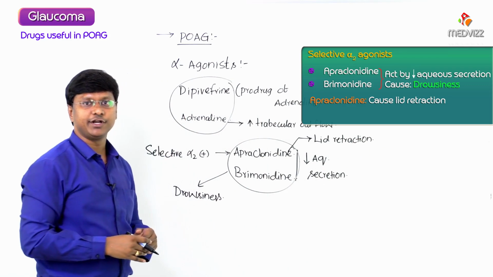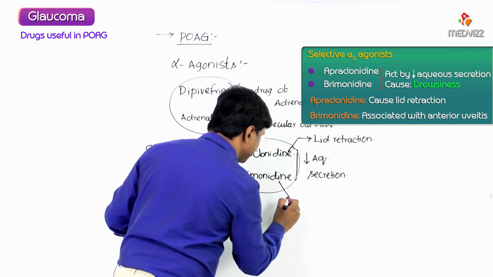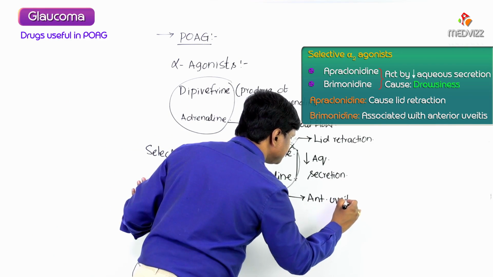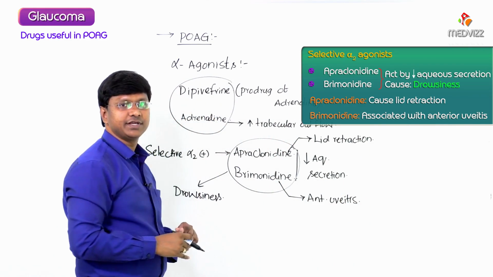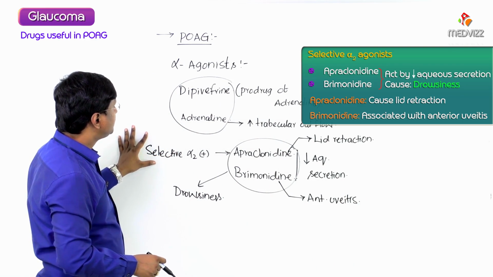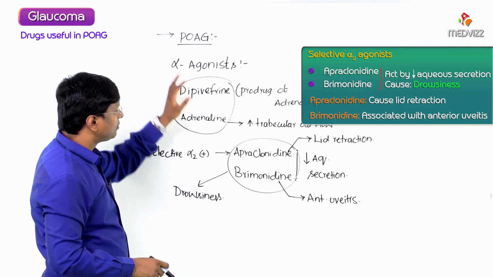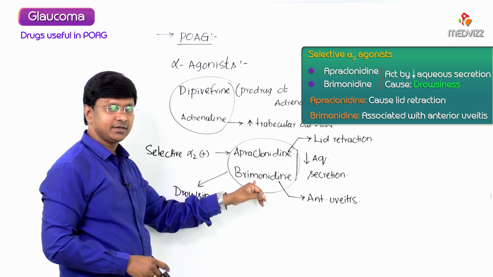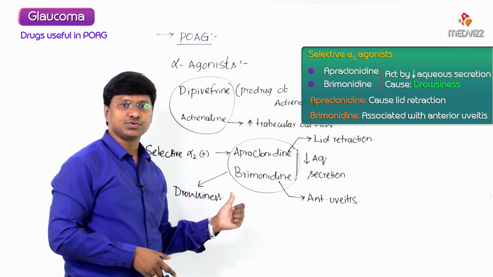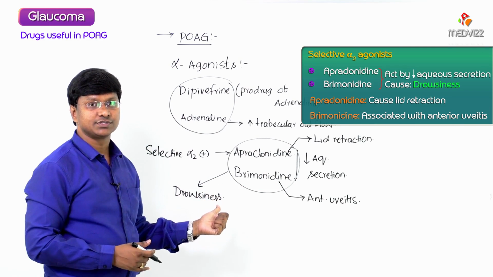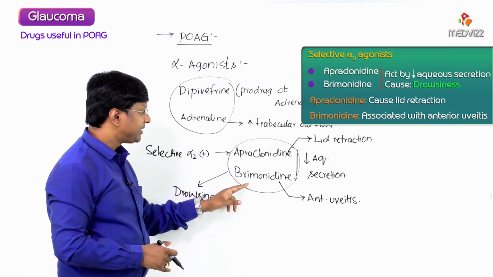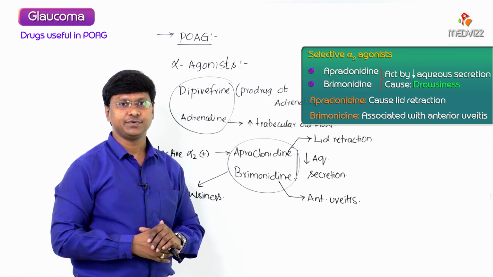Whereas brimonidine is associated with the development of anterior uveitis. So the selective alpha 2 agonists used in the treatment of primary open angle glaucoma are apraclonidine and brimonidine. Both of these drugs reduce the aqueous humor production and can cause drowsiness. Apraclonidine will cause lid retraction. Brimonidine will cause anterior uveitis.